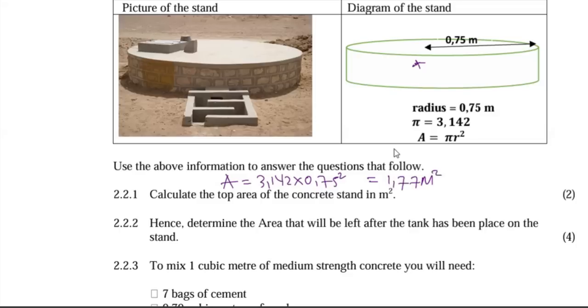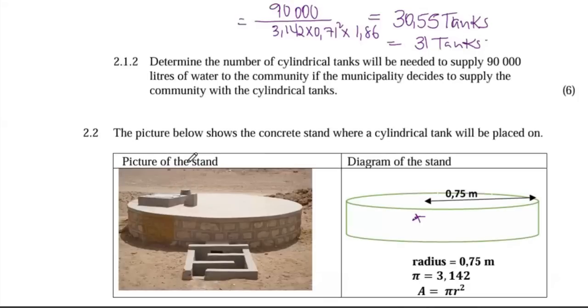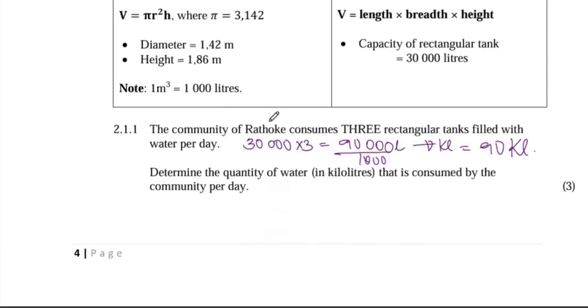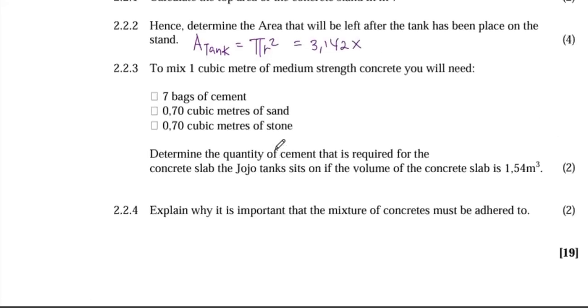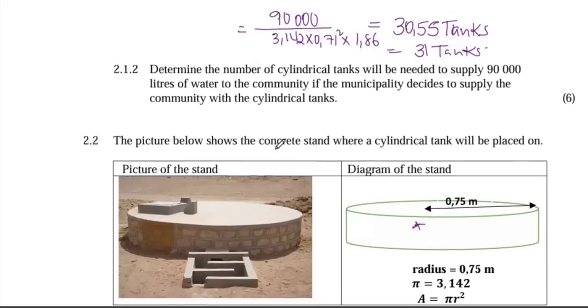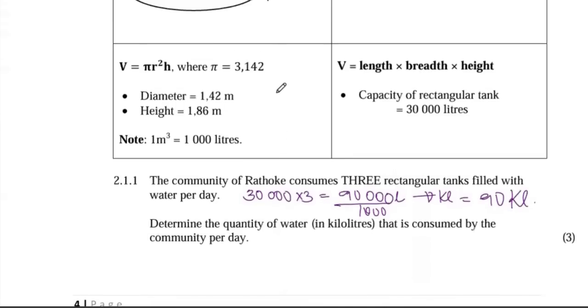Hence, determine the area that will be left after the tank. Now, you have to look for the area of the tank, which is going to be pi r squared. 3,142 times, we are looking for this here.